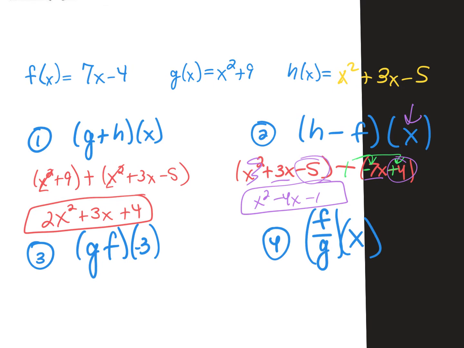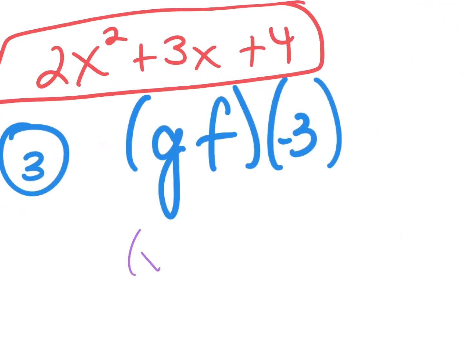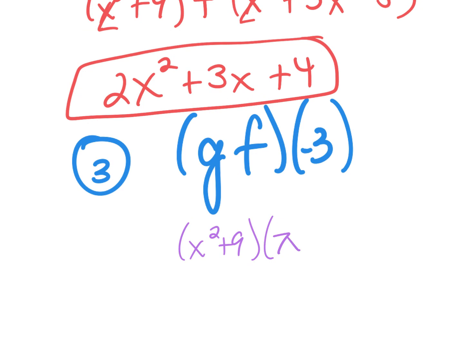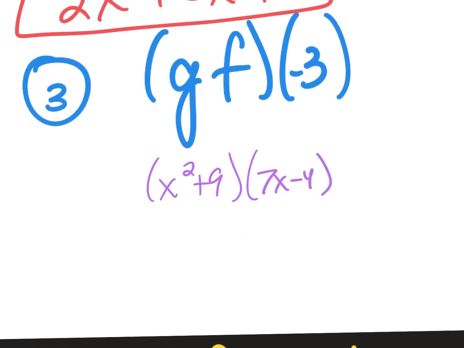Multiply. Which 2? Okay, so x squared plus 9 times, what, f? Okay, good. 7x minus 4. Now, in this case, guys, there's one of two ways you can go. You can go ahead and FOIL. Get x cubed minus 4x squared plus 63x minus 36, combine like terms.